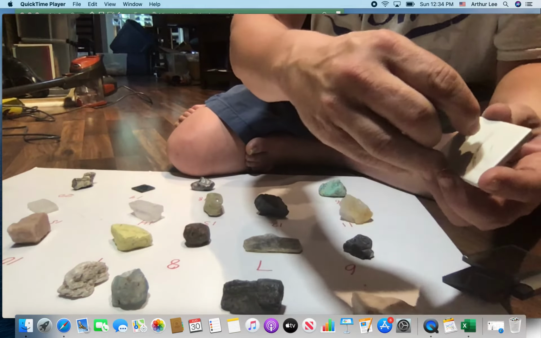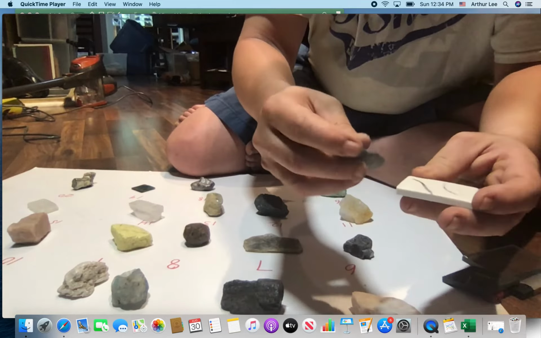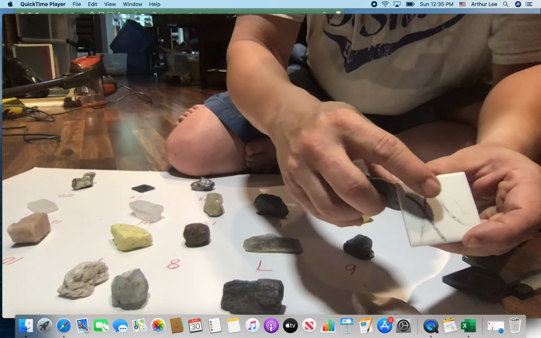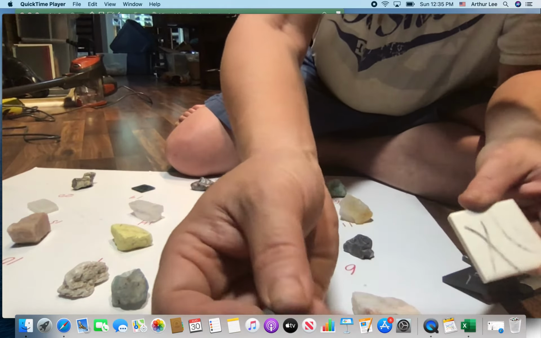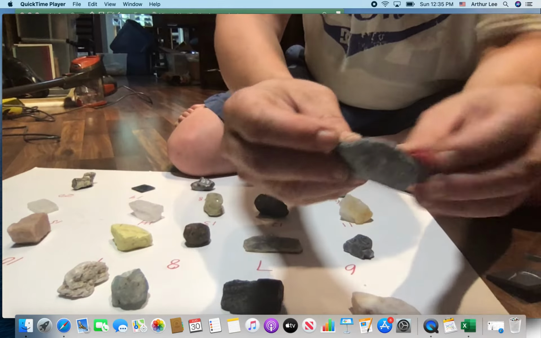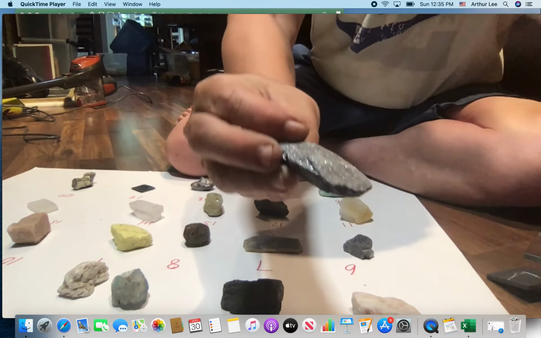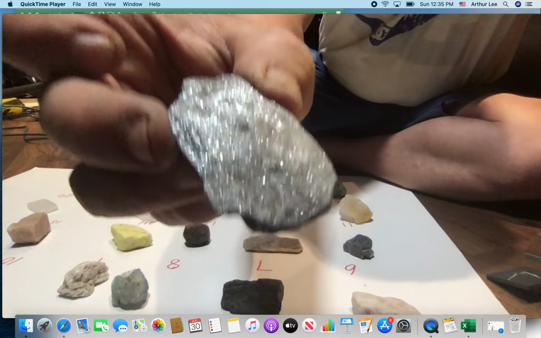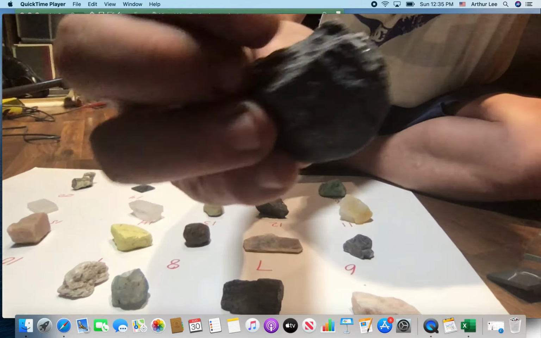When we rub it against a white plate and look at the streak, it gives a reddish-brown color instead of a gray color. Also, this mineral here is not magnetic. The magnet didn't stick to it. Number 17.